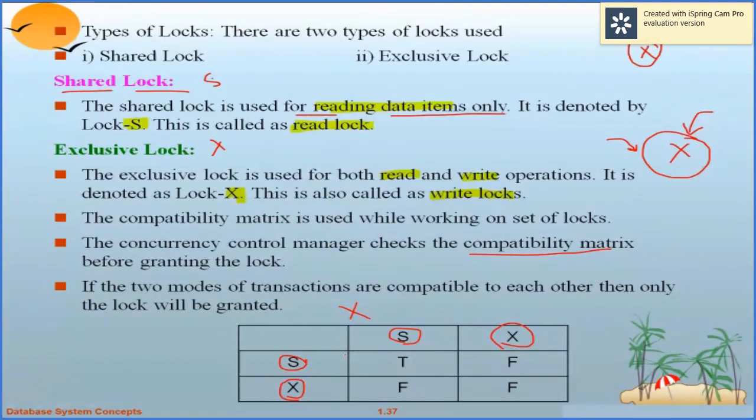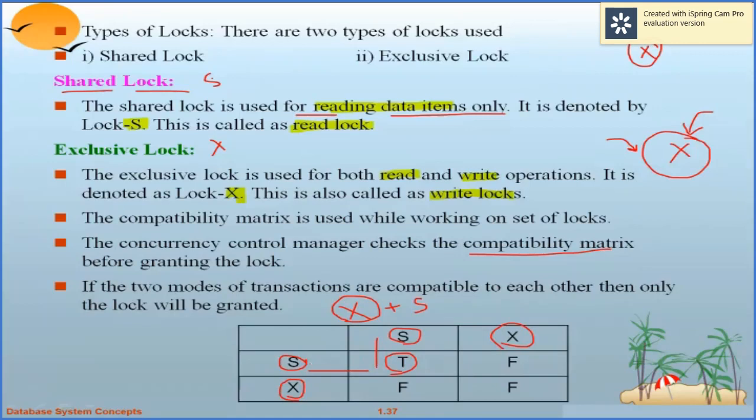Okay, so for example, a data item is having the shared lock imposed on it already. Then in that case, it can also allow one more shared lock because it says true here. The combination of S and S is saying true. What does it mean?